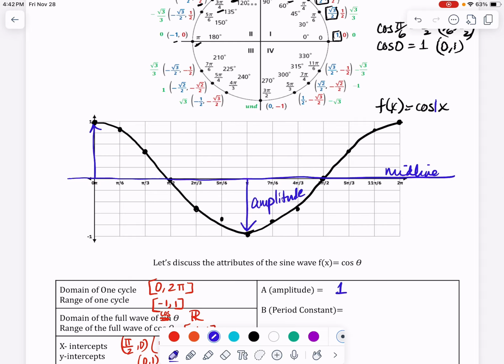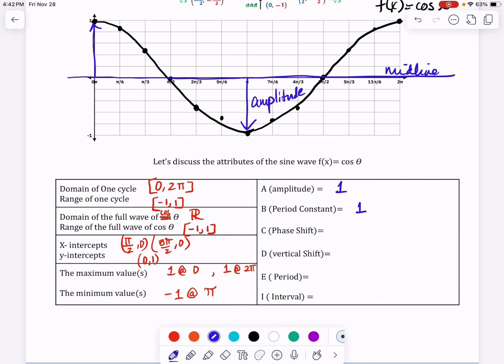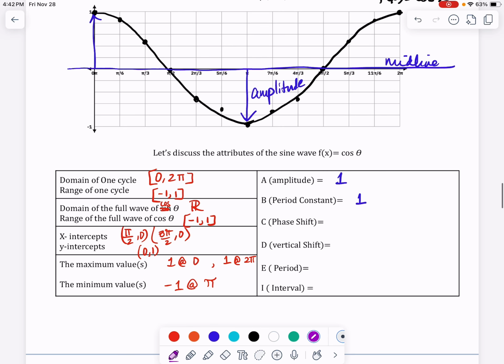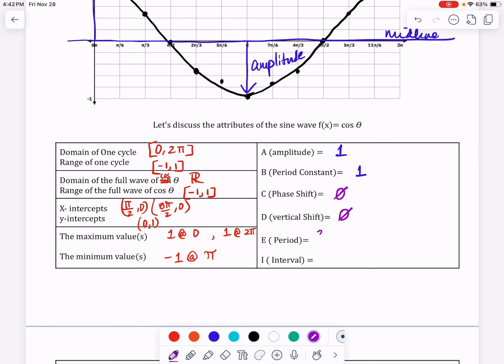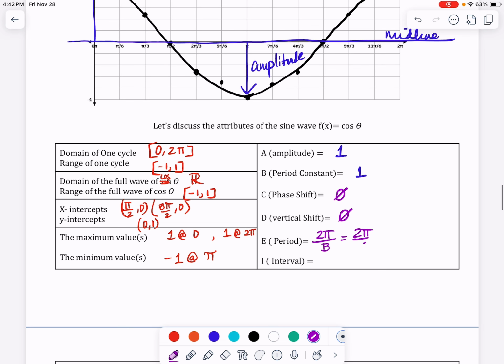B sits right here. The number there is 1, which is related to the frequency or period. As I start sketching transformations, I'll explain more about the period constant. Phase shift is none because this is the parent function. There's no vertical shift either because it's the parent function. Period has the same definition, 2 pi over b, because b is 1.